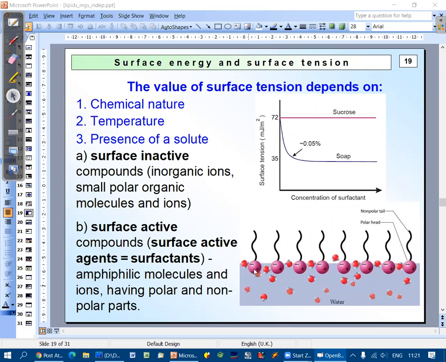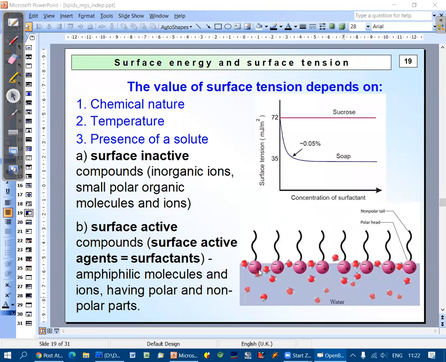How? They concentrate on the boundary surface, directing their nonpolar tails into the nonpolar phase, here it's air, and leaving their polar heads in the polar solvent. In our case, it's water.